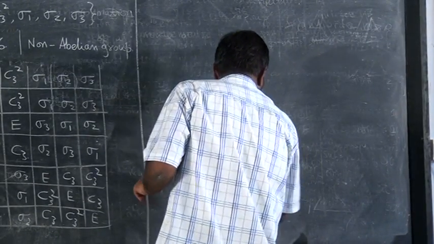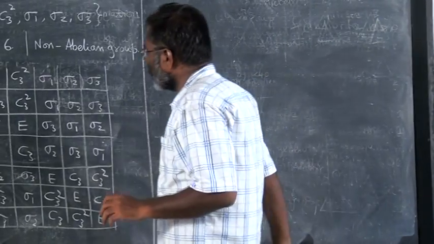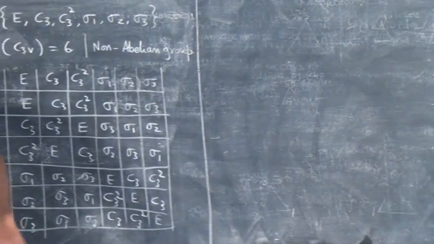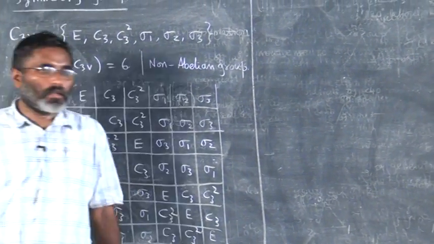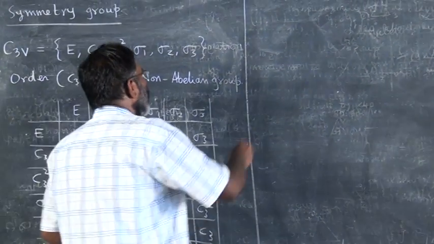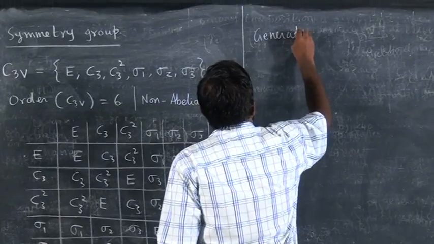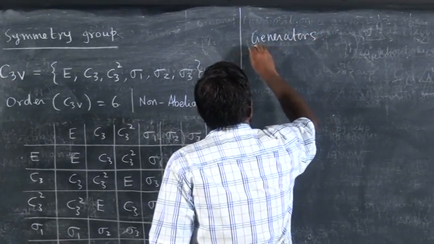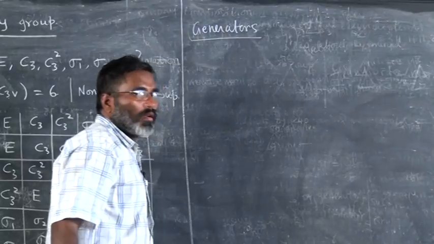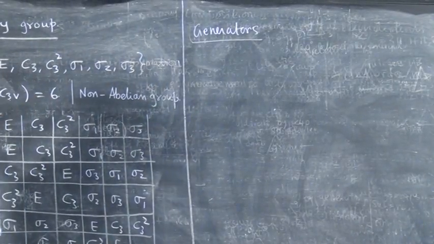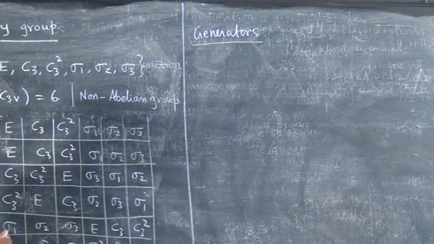How many generators are there in this group? Two. What are they?